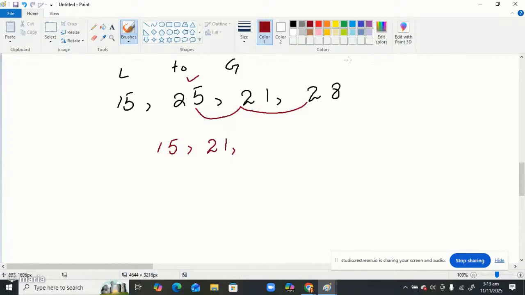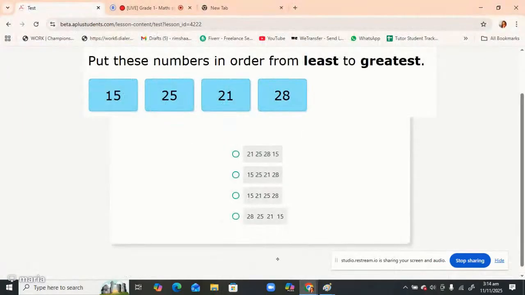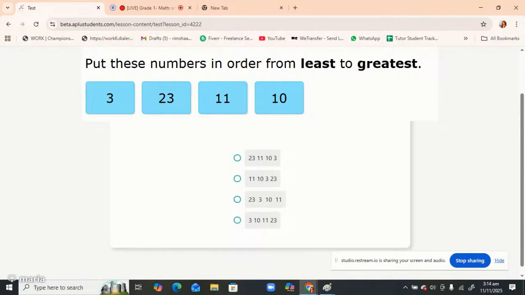Now from these 25 and 28, what is the smaller? That is 25. And then in the end, that is 28. Okay, so this is the answer: 15, 21, 25, 28. Let's see where it is. 15, 21, 25, 28. That is option C. And yes, this is the right answer.